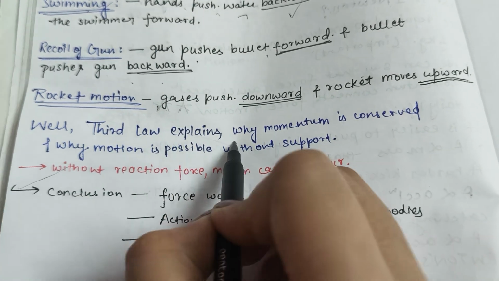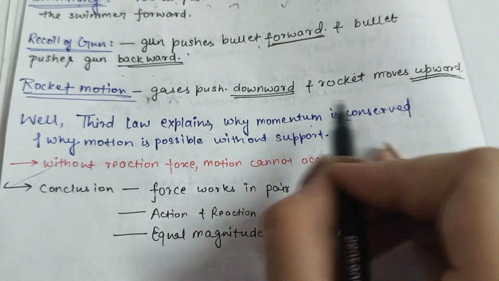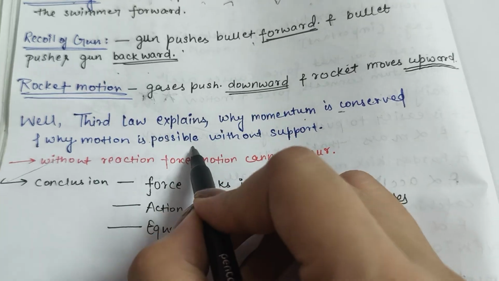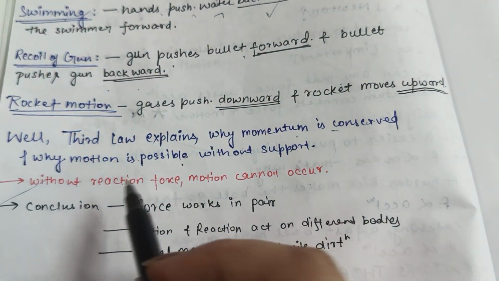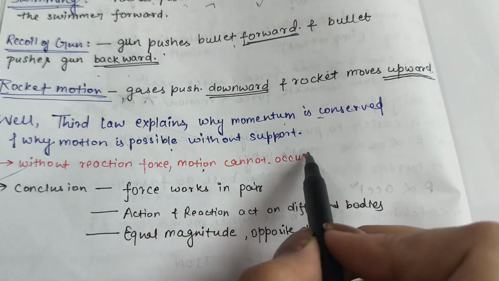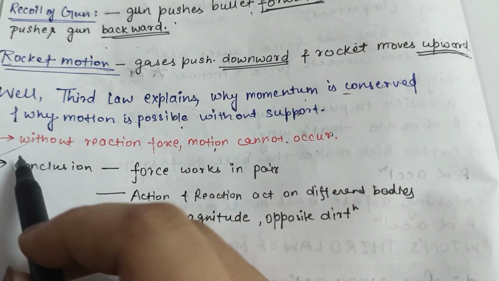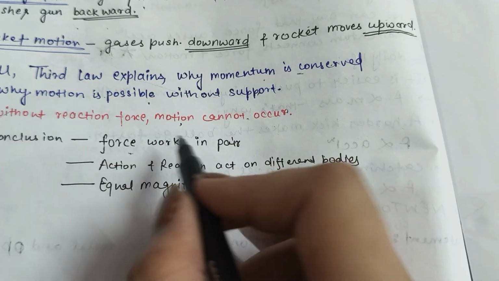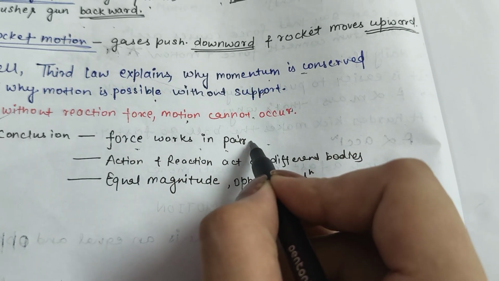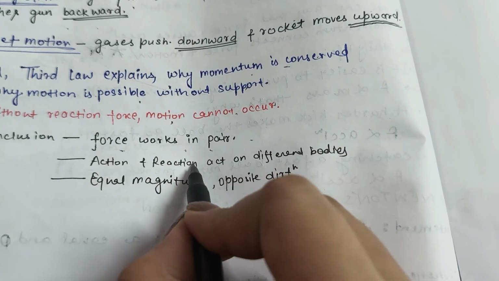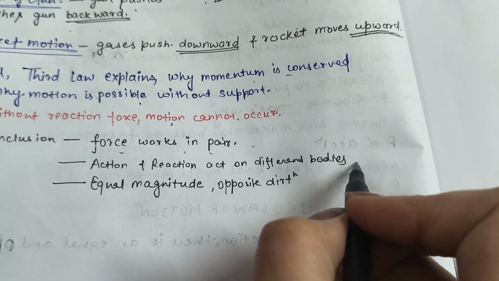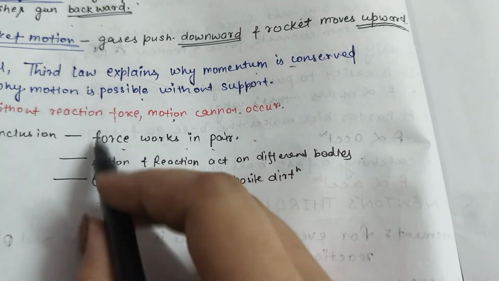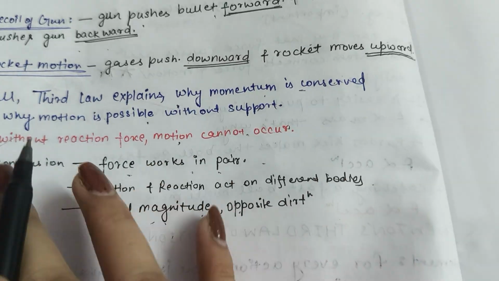The third law explains why momentum is conserved and why motion is possible without support. Without reaction force, motion cannot occur. So the conclusion from the chapter is that force always works in pairs. Action and reaction act on different bodies, and they are equal in magnitude and opposite in direction.